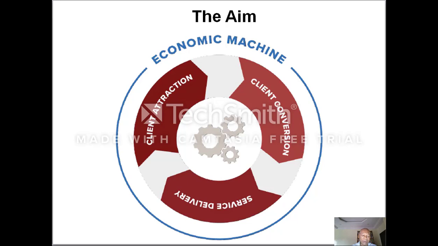So that is what you should be at the back of your mind, that the end result is for you to build economic machine. There's nothing as powerful as building economic machine on the web. Yes, because you can scale indefinitely, you can scale as much as you want. But of course, it takes time. You need to learn how to do it.